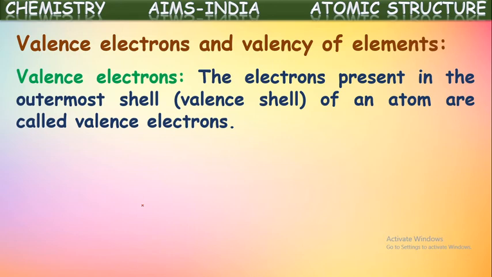Outermost orbit means the last orbit of an atom. This last shell is also called the valence shell. Thus the electrons present in it are called valence electrons. These valence electrons are responsible for the reactivity of an atom.